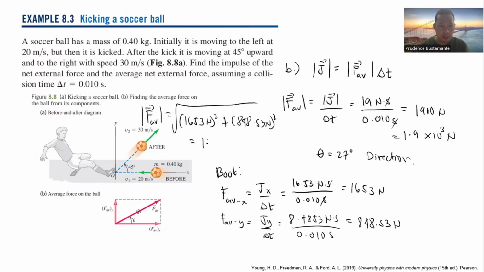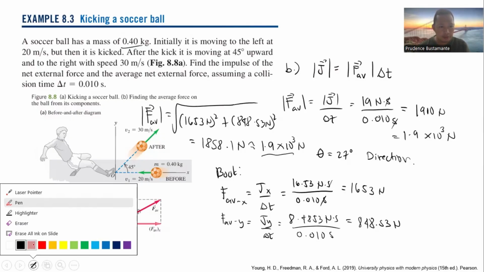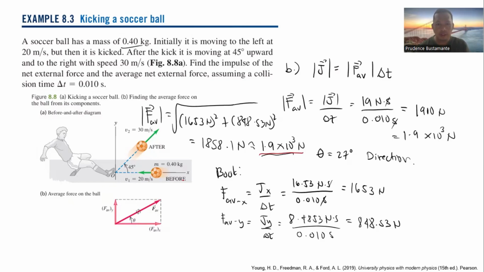So we have 18.1 hundred Newton. But the final answer here is in two significant figures, so 1.9 times 10 to the 3 Newton. And the answer is the same as our earlier one.